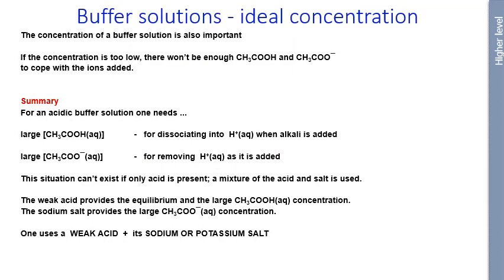So buffer solutions must consider ideal concentrations. The concentration of a buffer solution is critical. If the concentration is too low, there won't be enough of, say, the weak acid and the associated conjugate base to cope with the addition of extra ions. So for an acidic buffer, a solution needs a large parent acid for dissociating into protons when alkali is added, and a large conjugate base to remove associated protons when they are added.